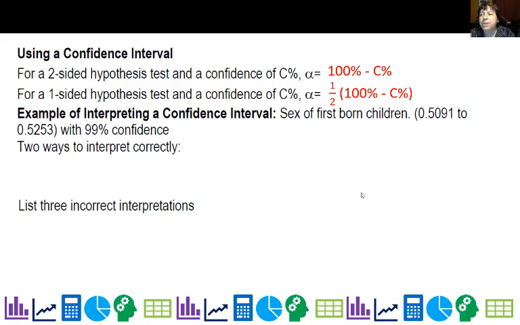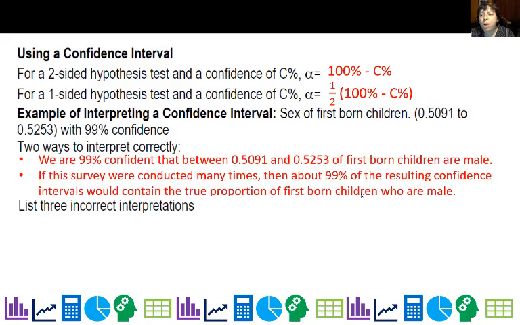So let's go ahead and look at a confidence interval for the sex of firstborn children. The interval for males was 0.5091 to 0.5253, and this is with 99% confidence. Here are two ways you could interpret it correctly. One is, and this is the easiest, we are 99% confident that between 0.5091 and 0.5253 of firstborn children are male.